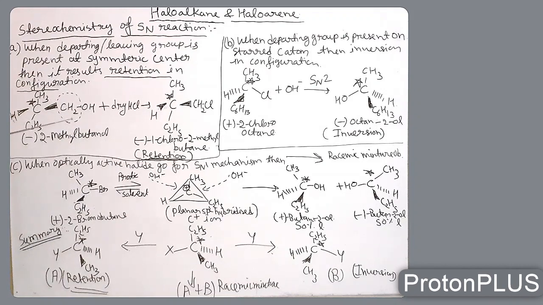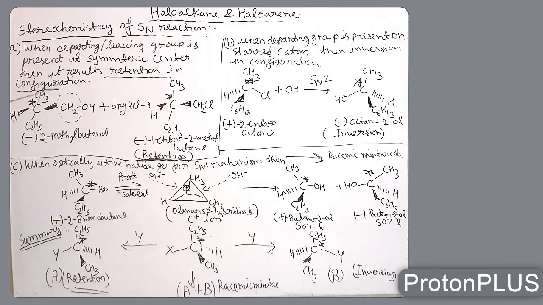Second example: when the departing group is present on a stereo carbon, then it will be inversion in configuration. We have taken one example, that is +2-chlorooctane. The stereo carbon atom is shown. The Cl atom, that is our departing group, is present on the stereo carbon atom. In the presence of aqueous KOH, the nucleophile is OH minus, and it will follow the SN2 mechanism.